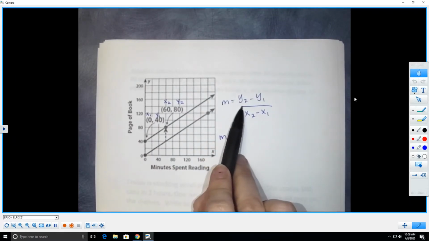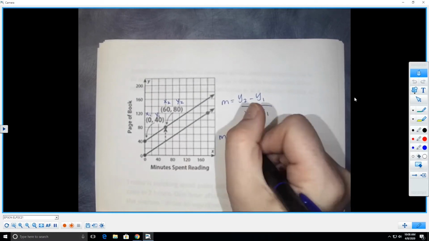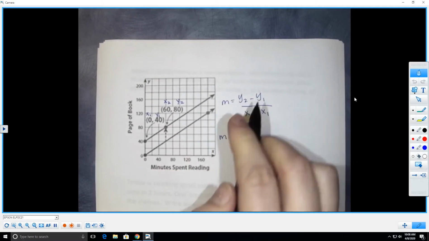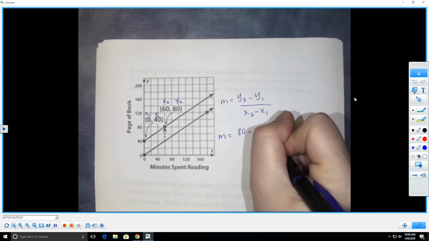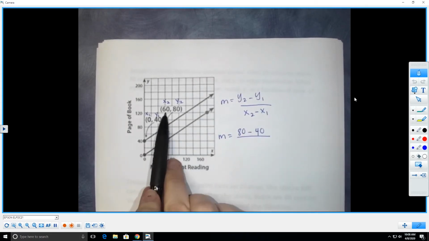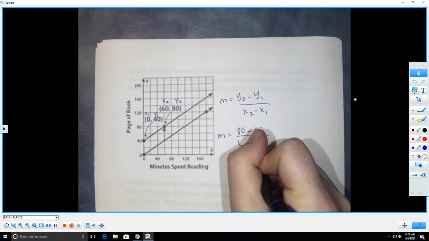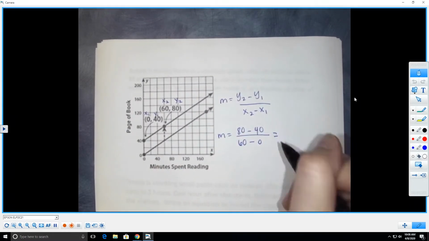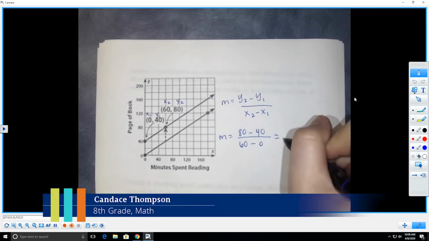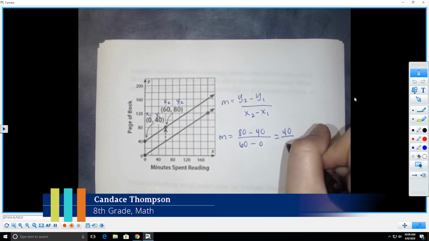So y2 would be 80 minus y1, which would be 40, over x2, which is 60, minus x1, which is 0. When I plug that in, I get 40 over 60, which is equal to 2/3.